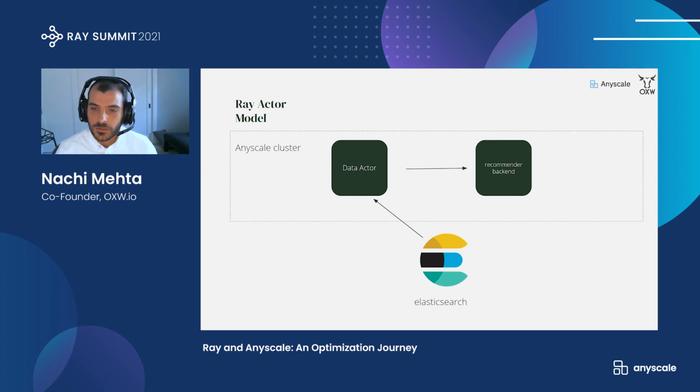So our next logical question was, how do we scale this up from a very small few requests per second to a much higher requests per second that is realistic for production? We had to implement something called the Ray actor model. What the Ray actor model enables us to do is abstract away and encapsulate the call that is made to Elasticsearch so that results can be updated, cached, or retrieved within the distributed computing engine.